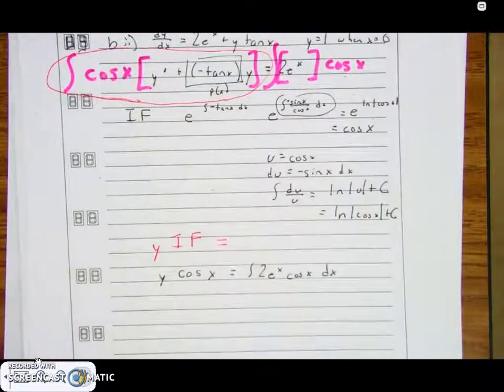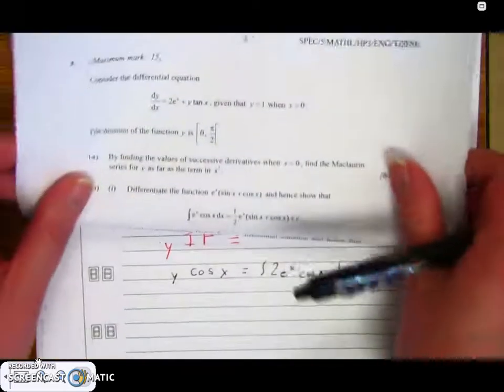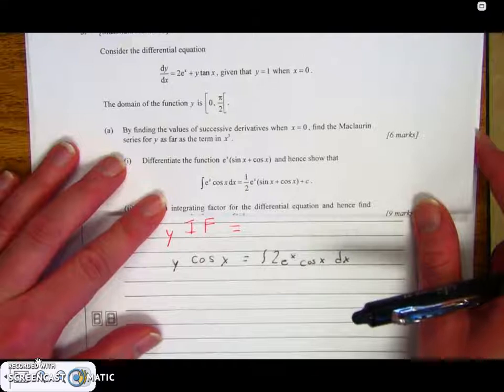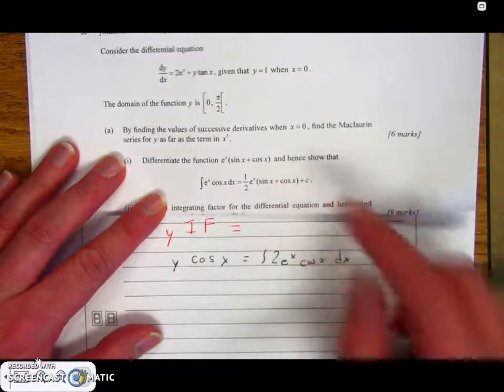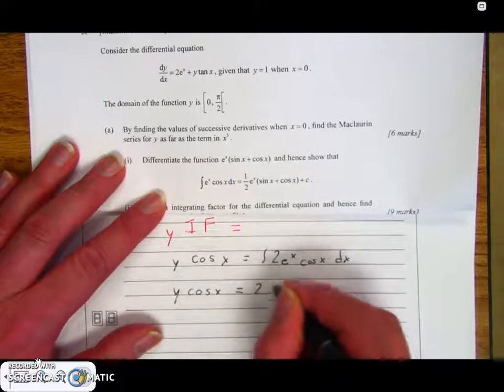I'd be thinking integration by parts, something like that, except they helped us out with that already. They had us work out the integral of e to the x cosine x. And even if you didn't, you could borrow from this what it is. So I'm going to write y cosine x equals, I'm going to take out the 2.